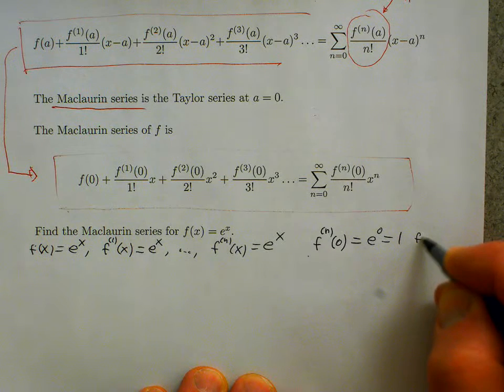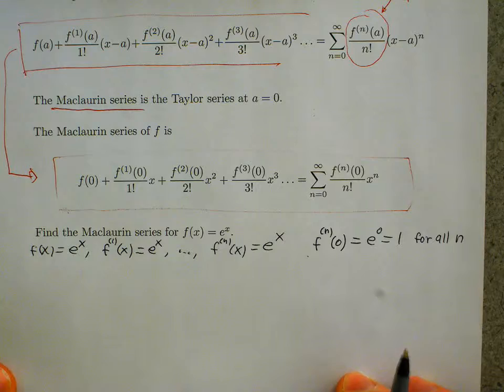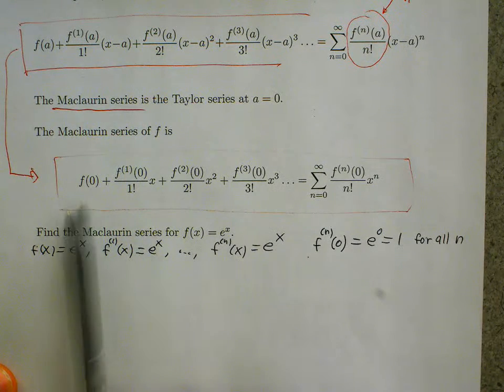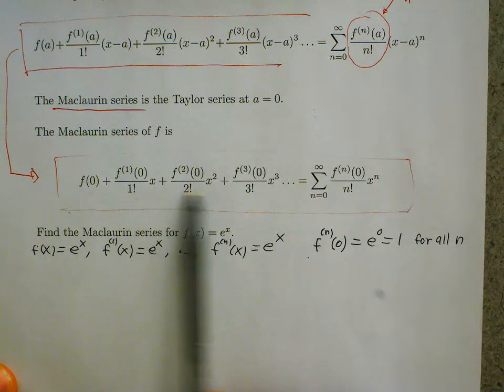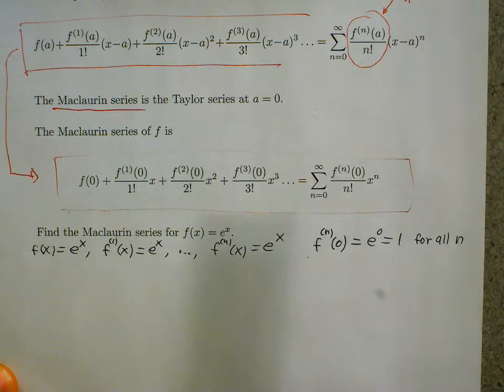So this is for all n. Okay, so we can just write down, using this definition of the Maclaurin series.